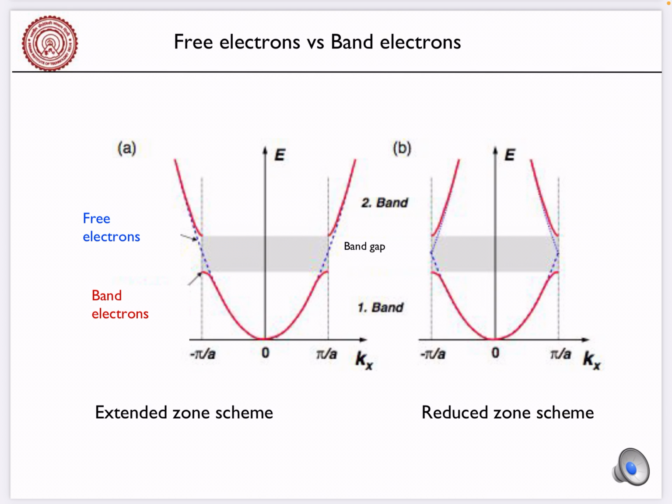So, the blue dotted line on the left hand side is the free electron case, right. So, E is equal to h bar square k square by 2m, it is a perfect parabola. The red one is for the band electrons, right. So, the band is opening up at the zone boundary, first zone, pi by a, and then the second zone is also shown.